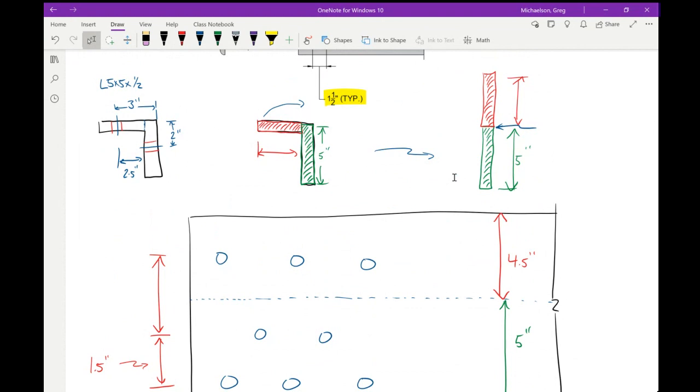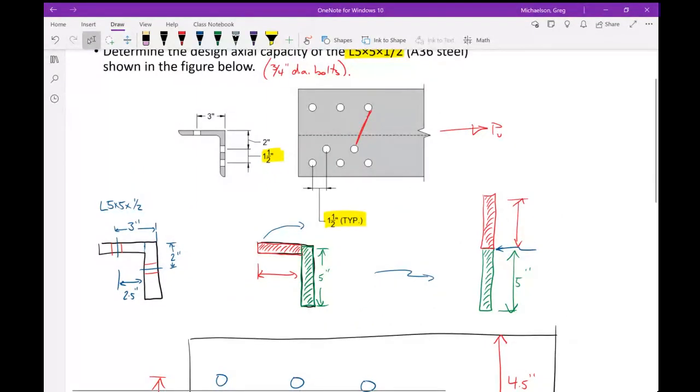Okay. Let's focus on this. Sorry, meant to do my highlighter. Let's focus on that for a second, and let's focus on this. We know that from this hole to the top of the angle, that's 2 inches.